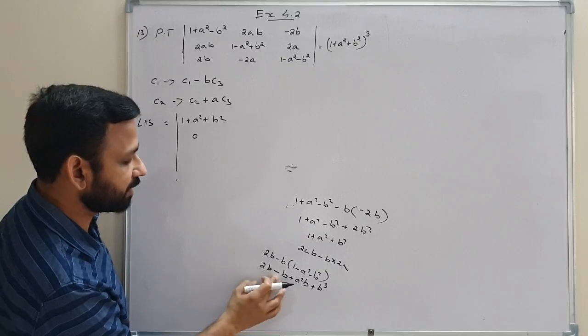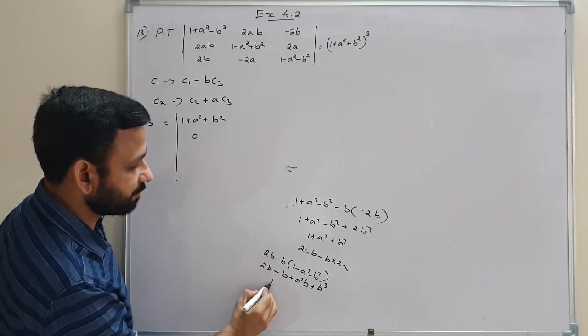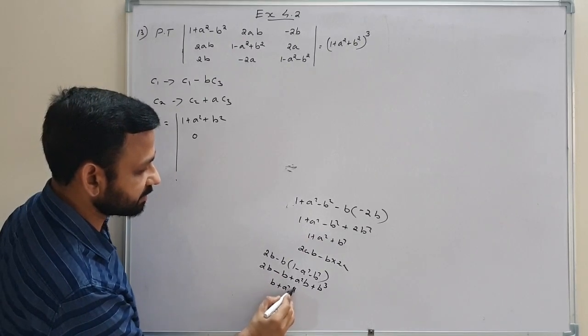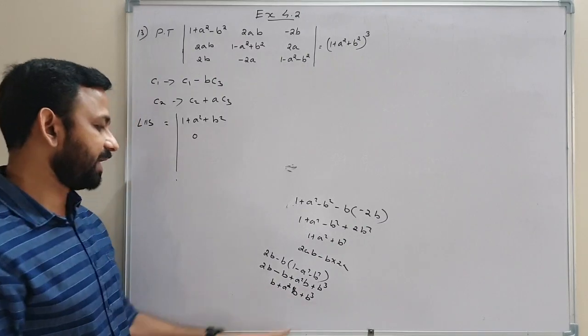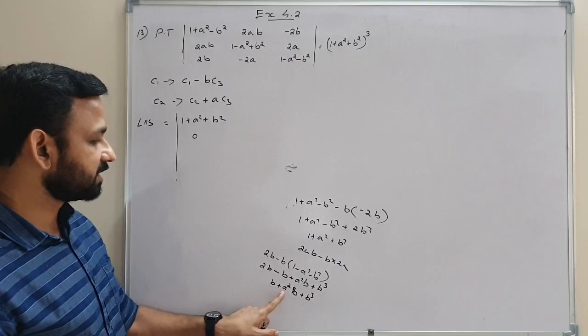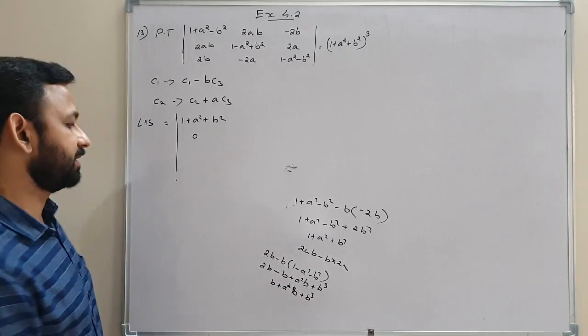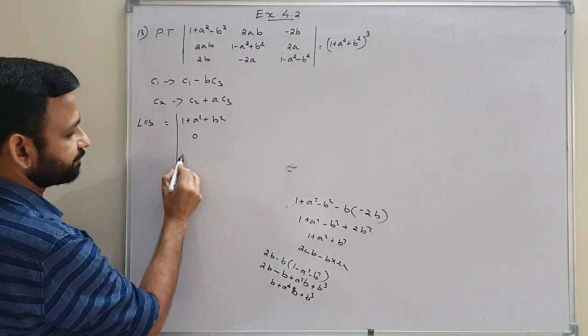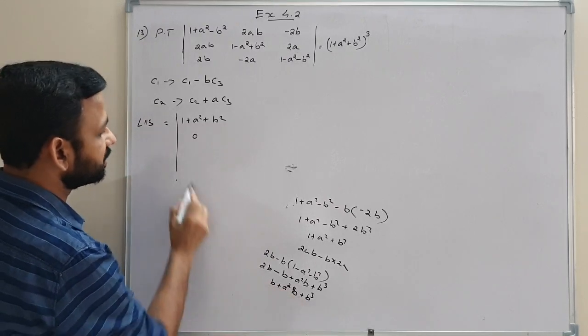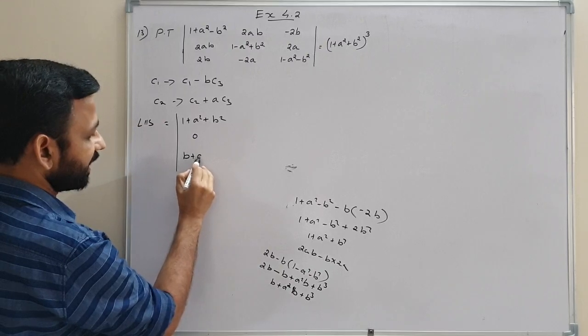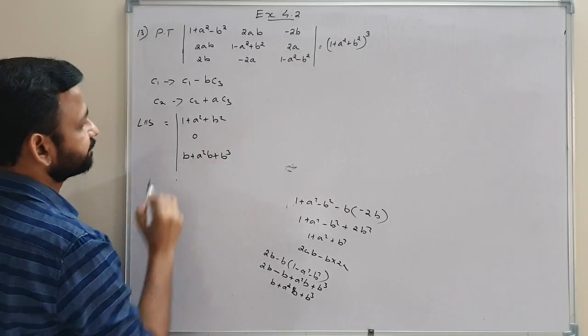So here 2b minus b is b, plus a²b, plus b³. So if you take b outside, we will get 1 + a² + b². So again we can write here b + a²b + b³.